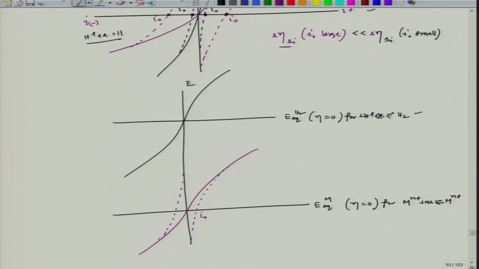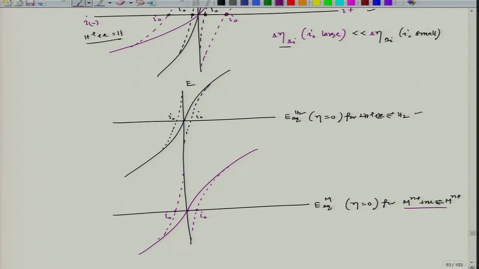So, this is I0 for the metal, and for the hydrogen evolution reaction, this becomes my individual current density, that means IC and IA for hydrogen evolution. This is I0 for hydrogen evolution, and these are the I0s for the metal, for this particular electrochemical process.